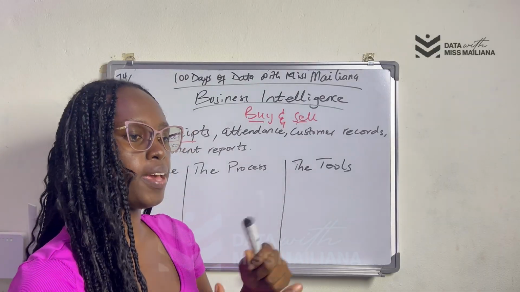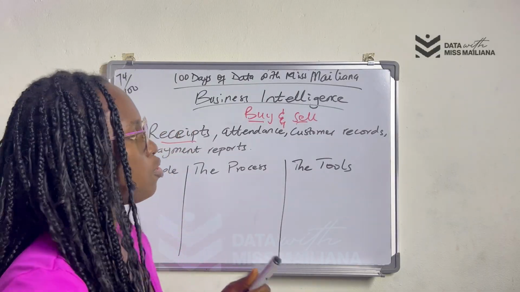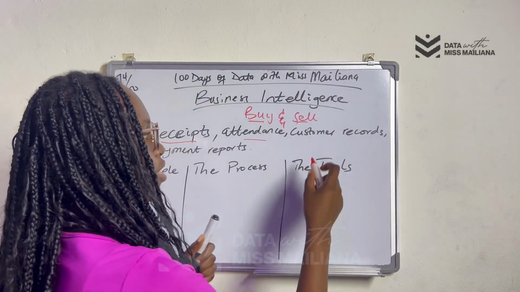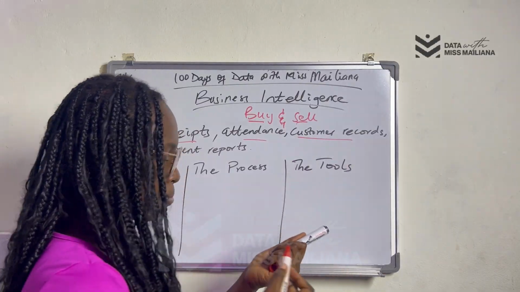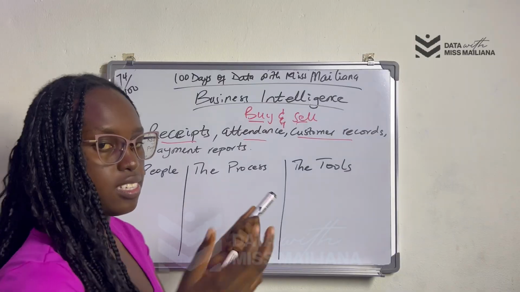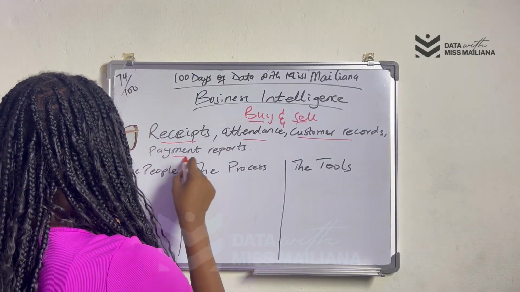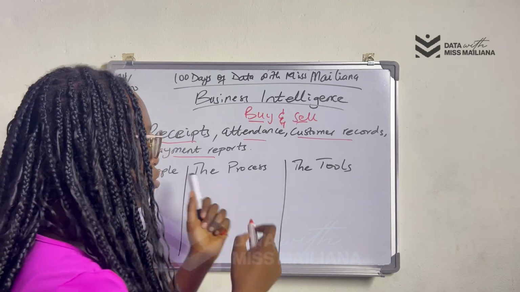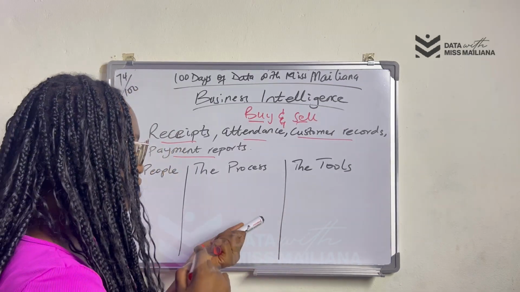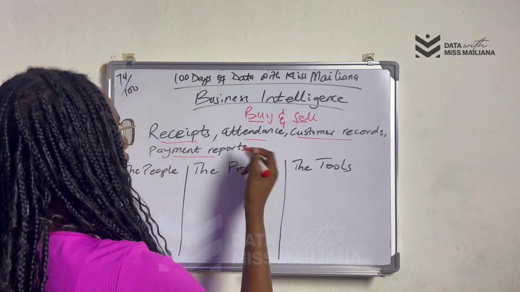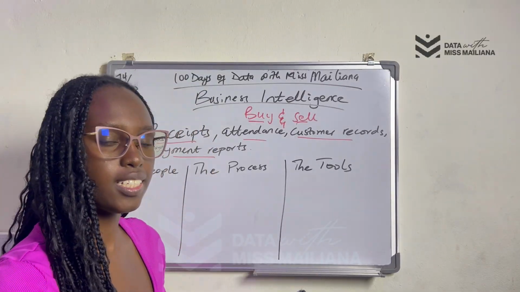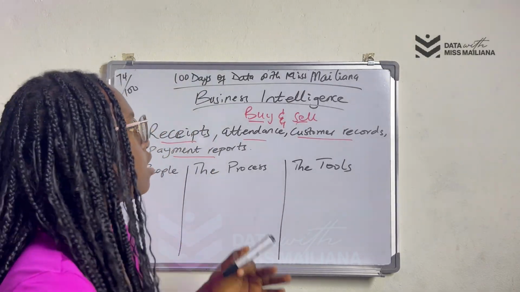Now there are so many people that run shifts, so they take attendance for the staff. We also get the customer details for the receipts given, and then we look at the payment reports. That is how they paid, through cash, check, and all those things as well. So all these activities and more in the business are recorded, and these are data, right?